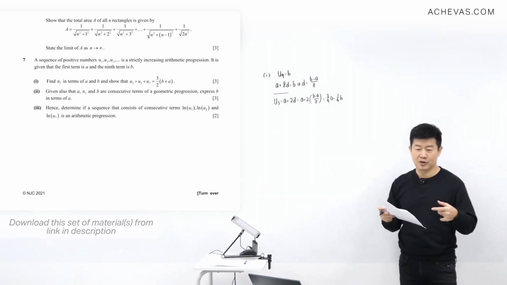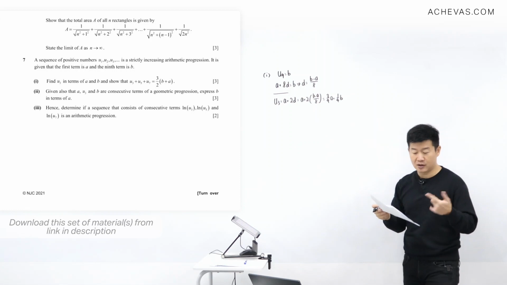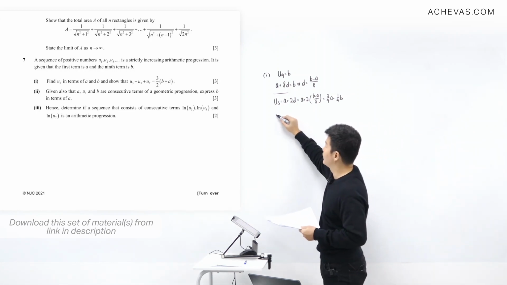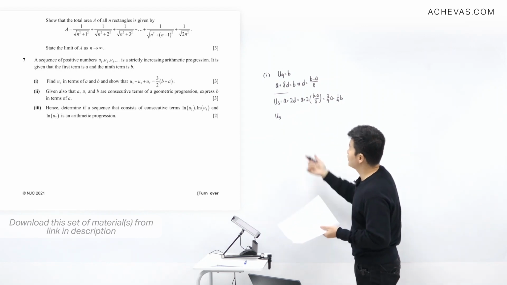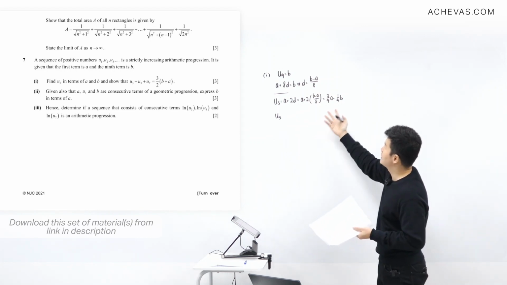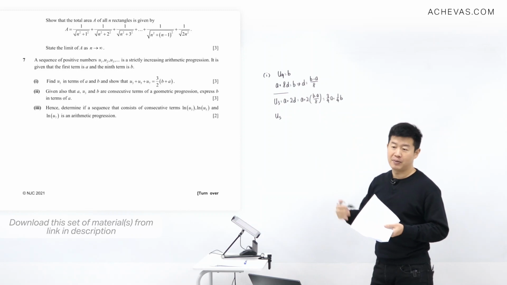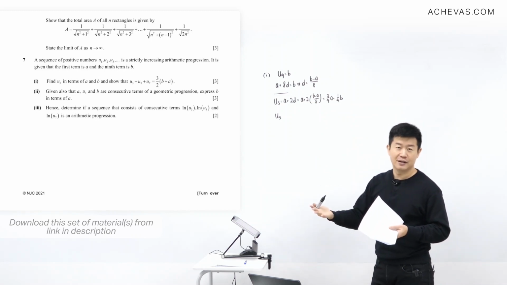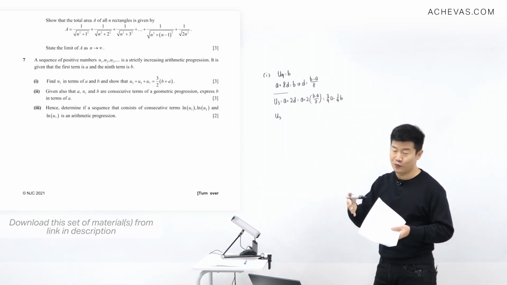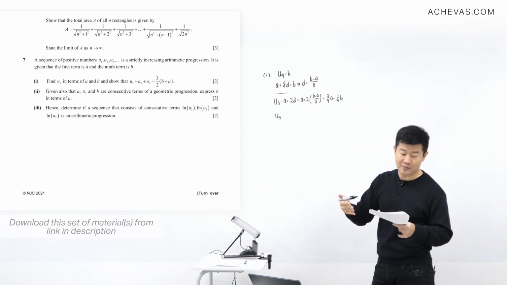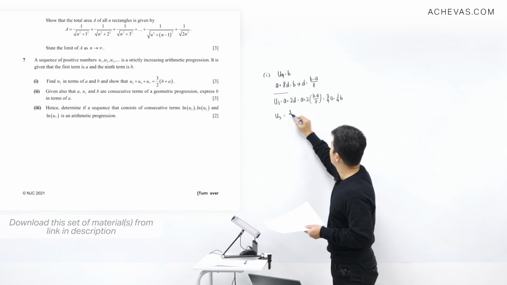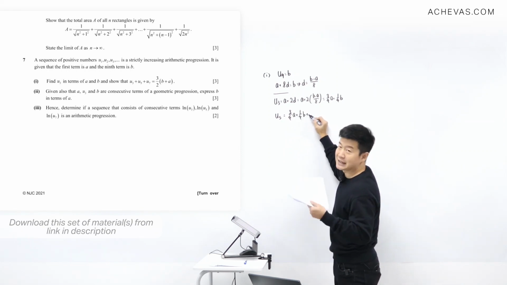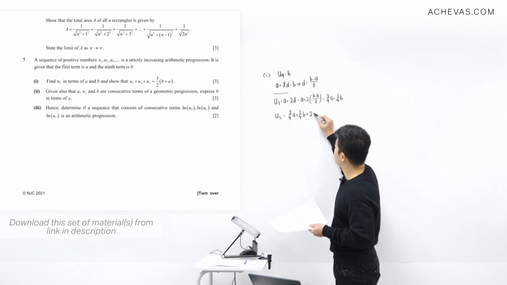Of course, we can make use of the sum of AP formula, or maybe it is even faster if we can just find u5, then after that use u7. Because what is u5? u5 is just simply going to be u3 plus d, right? u3 plus d is going to give me u4, plus another d is going to be giving me u5. So I'm going to take u3, which is 3 over 4 a plus 1 over 4 b, plus 2d.